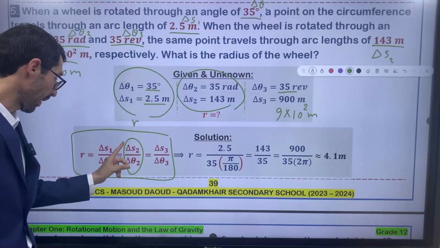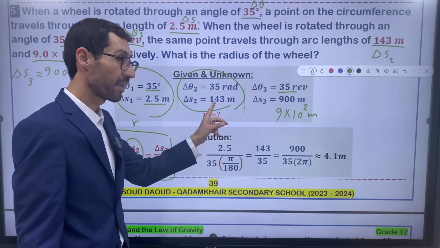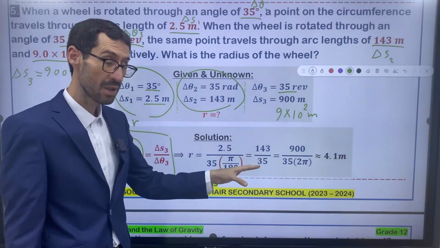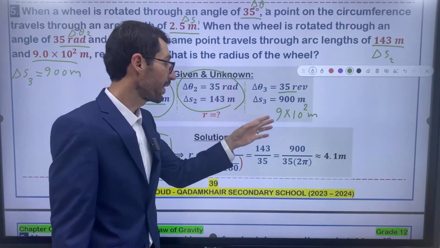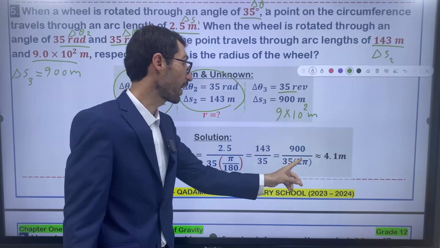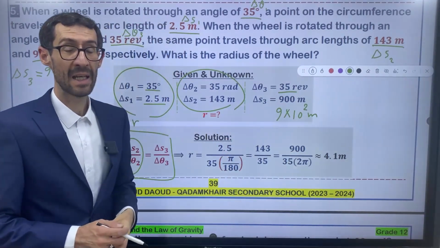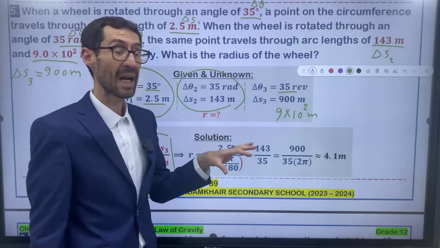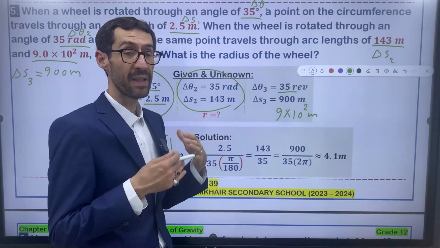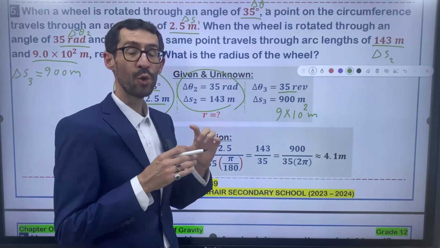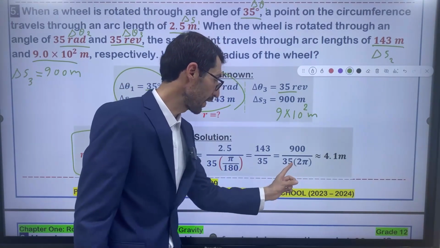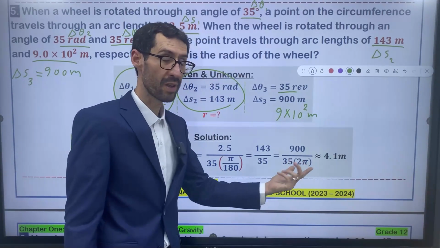The second part of the question: 143 divided by 35. In this case, we don't have any conversion. Write it as it is. The third part, delta S3, 900 divided by 35 rev. I told you in previous lessons, whenever you observe rev, automatically, without thinking, substitute 2 pi instead of rev.